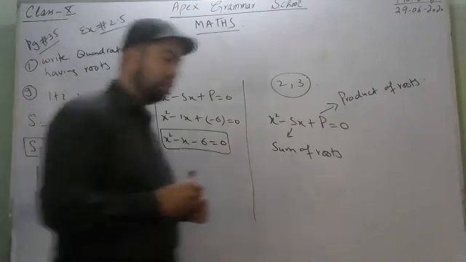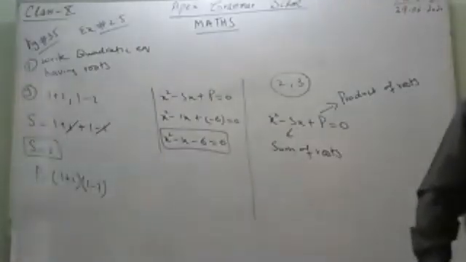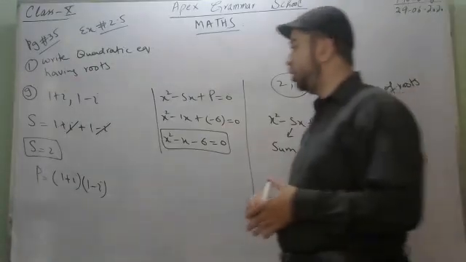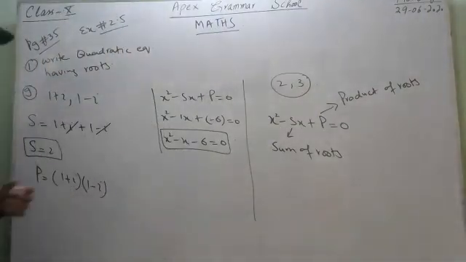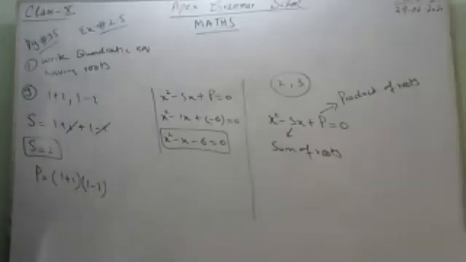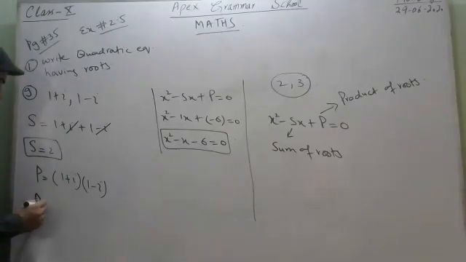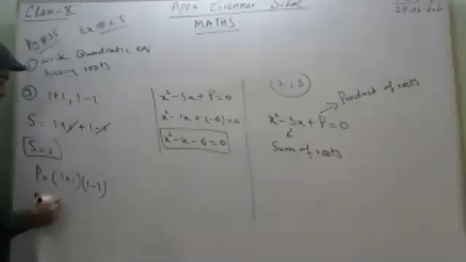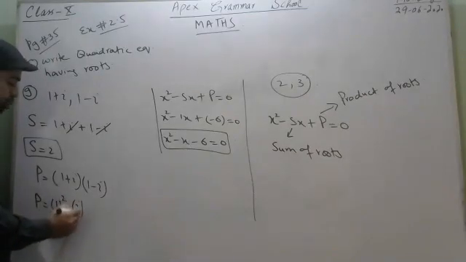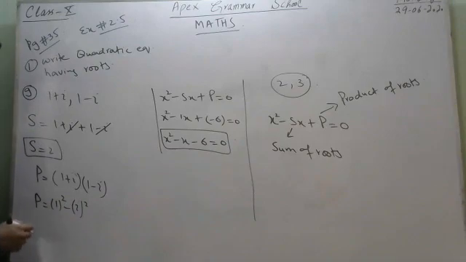The product is, you can see, 1 plus iota into 1 minus iota, that makes the formula a plus b into a minus b, a square minus b square. So it makes 1 square minus iota square.